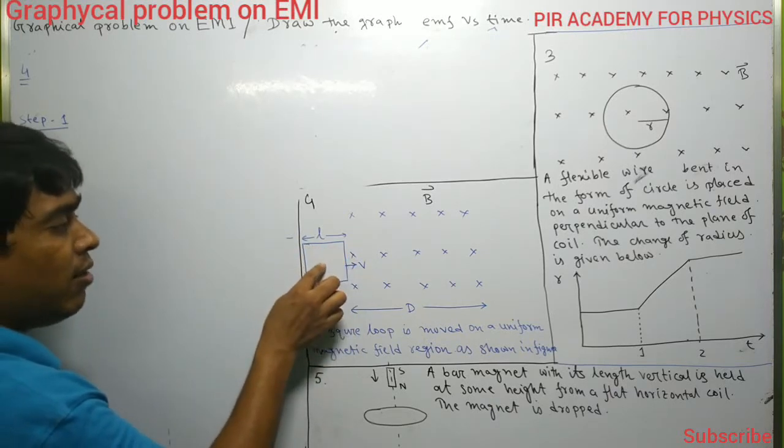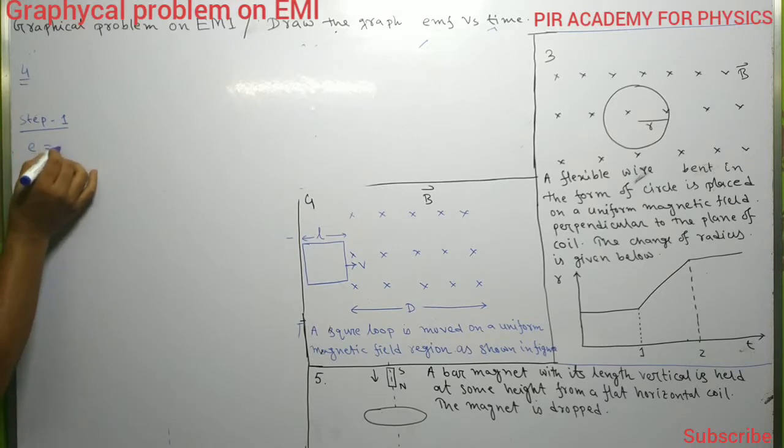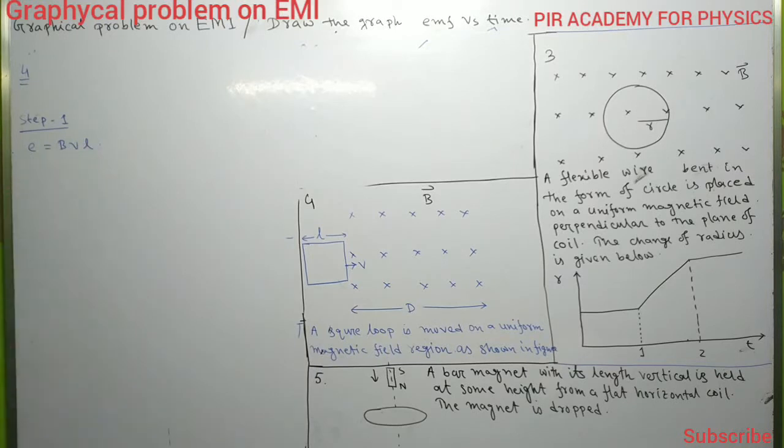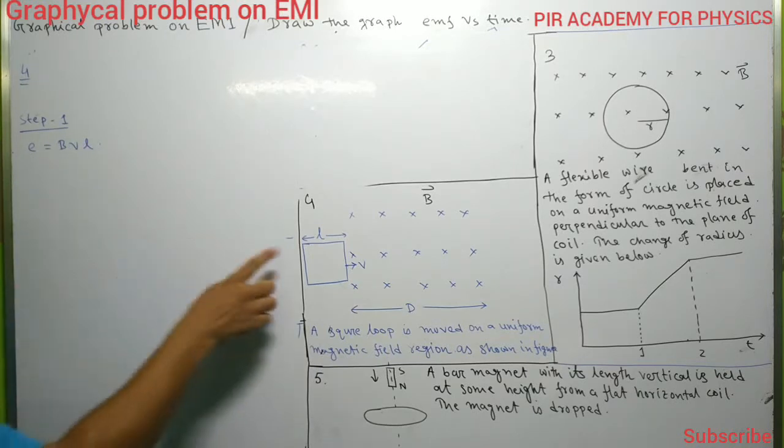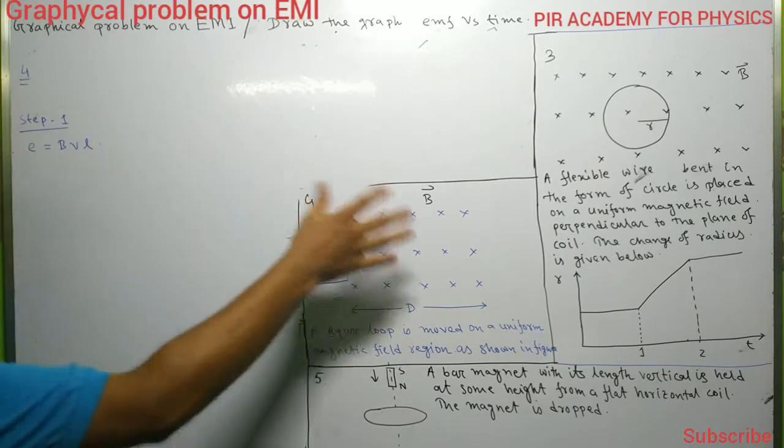So according to this, the induced electromotive force equals BVL. Here L is the length of this rod, the length of the square loop, V is the velocity, and B is the magnetic field.